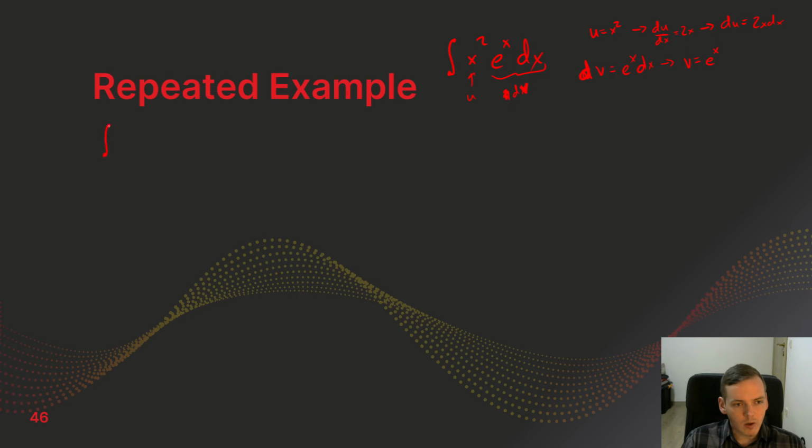So we know the expression, the integral of u dv is equal to uv minus the integral of v du, which in this case is u is x squared, and v is e to the x, minus the integral of v, which is e to the x, du, which is 2x dx.